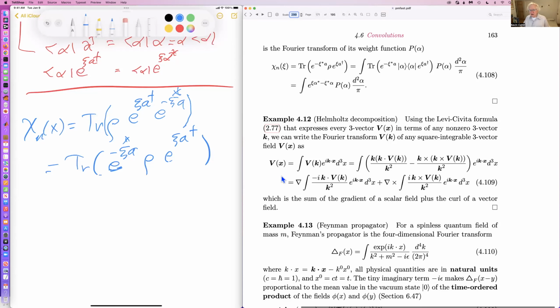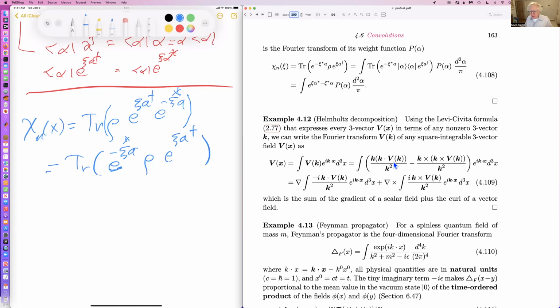One can derive the Helmholtz decomposition algebraically by using the Levi-Civita formula in terms of Fourier and Fourier transforms. So you first write V of k. That V is just any vector.